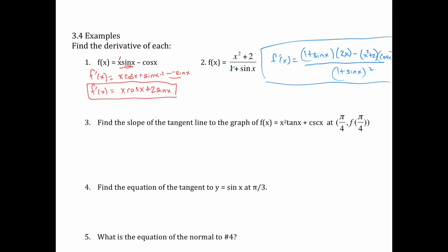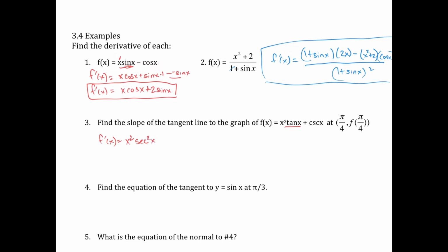All right, now we got to find the slope of the tangent line of this graph at this point. Okay, which means we need to take a derivative here. Now, this derivative is going to be kind of crazy, so let's take a look at what we got. We're going to end up with f prime of x being, okay, we're going to have to use product rule here. So first, times the derivative of the second, which is going to be secant squared x.